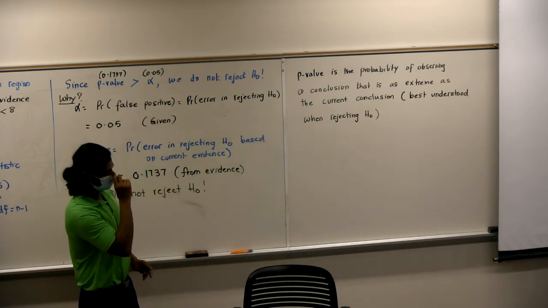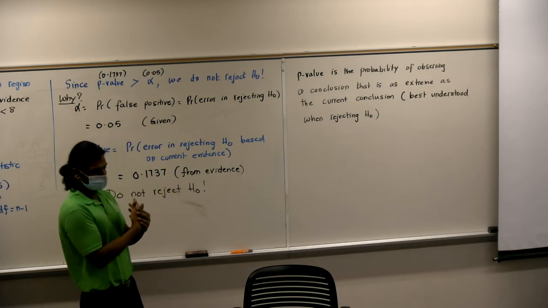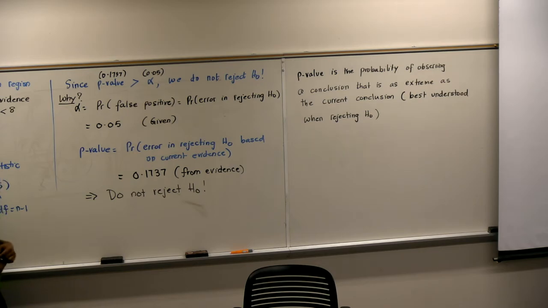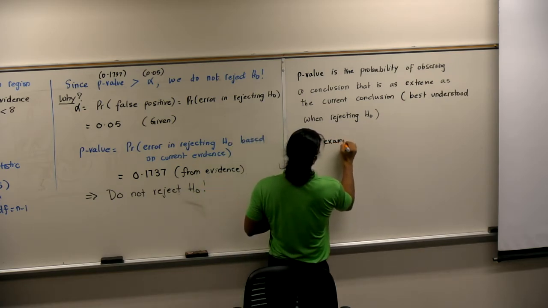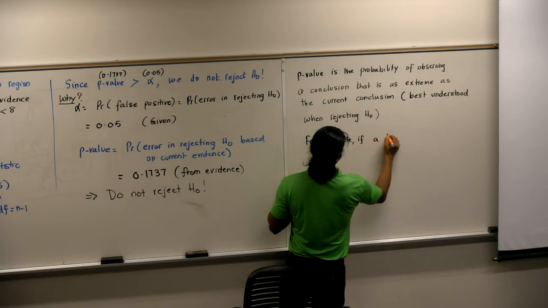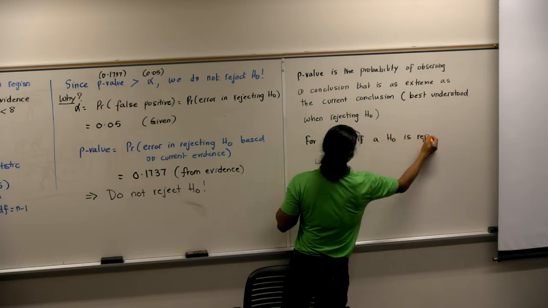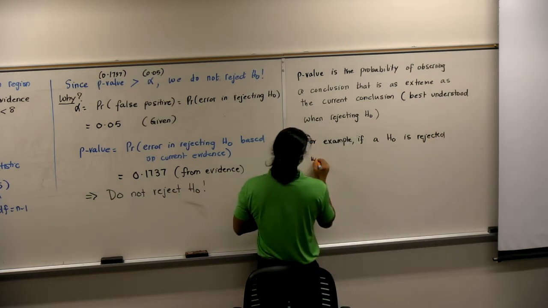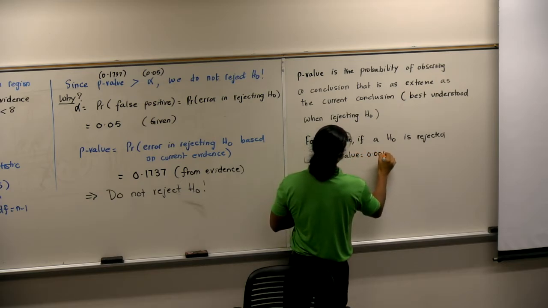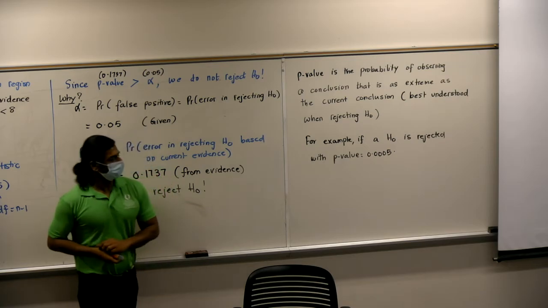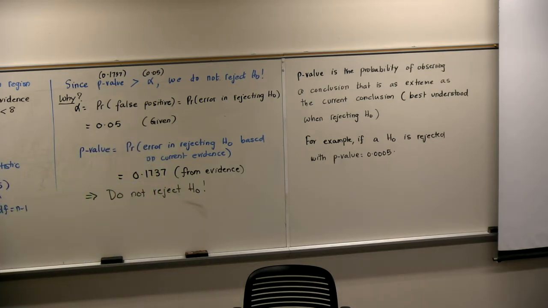It is a probability of observing a conclusion that is as extreme as the current conclusion. So if I reject it, for example, if a null is rejected with a p-value of 0.0005, I have rejected, that is my conclusion.